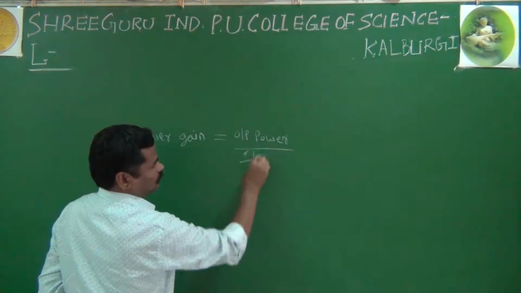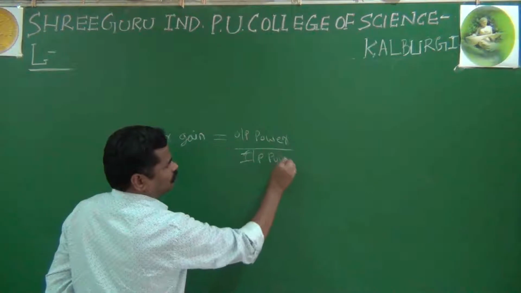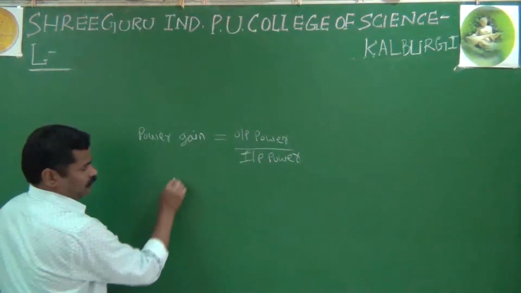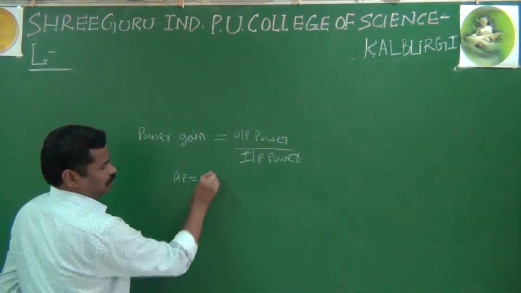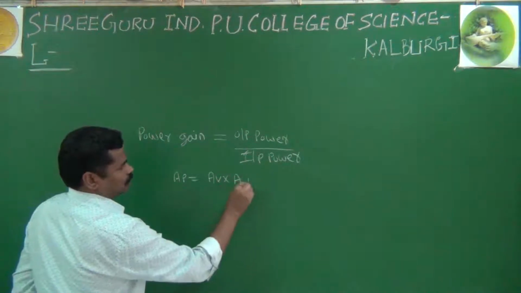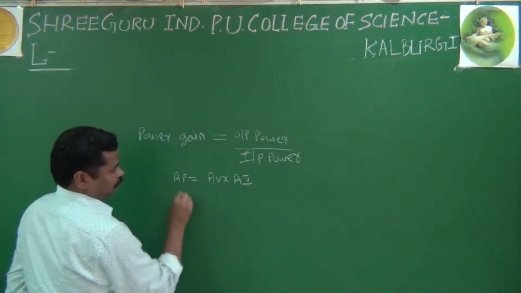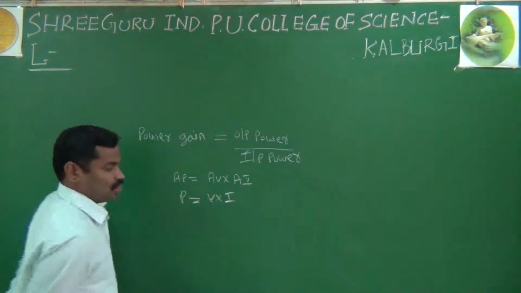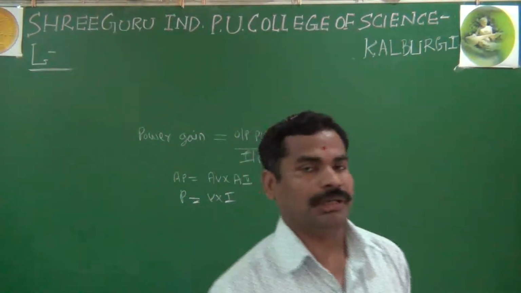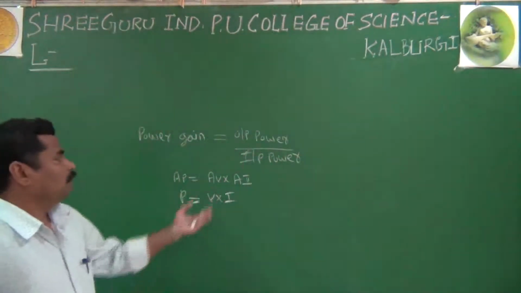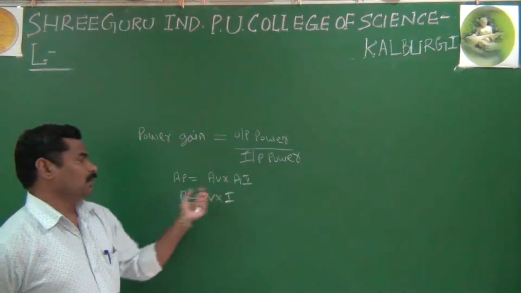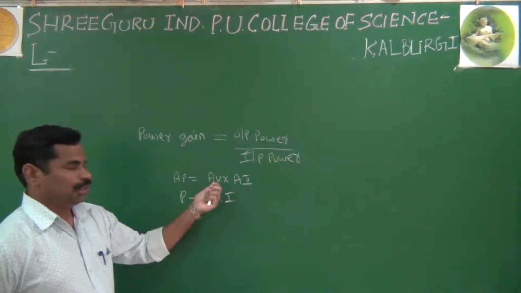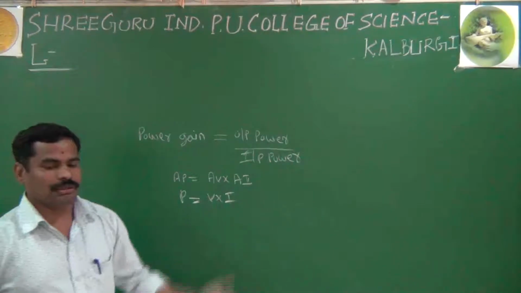You can also write it as AP, the power gain, which is AV into AI, because as we know already, P is equal to V into I. As you know the basic relation about power, in the power gain, the output power to the input power, AP equals AV into AI, the voltage gain into the current gain. That is your power gain.